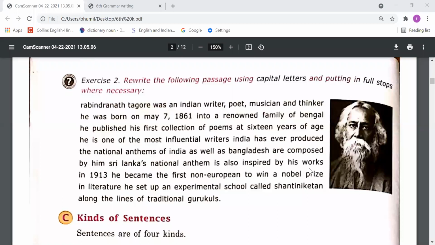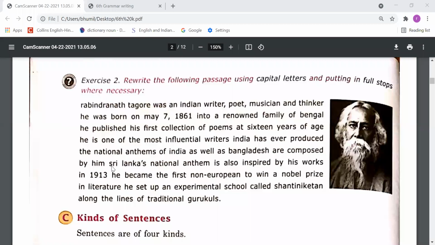So after that, dear student, we need to put the full stop after him. So here we need to put the full stop, and along with this, let's read this. This H we need to make capital. This I we need to make capital, and this B for Bangladesh too, right? Then again we need to put a full stop here.